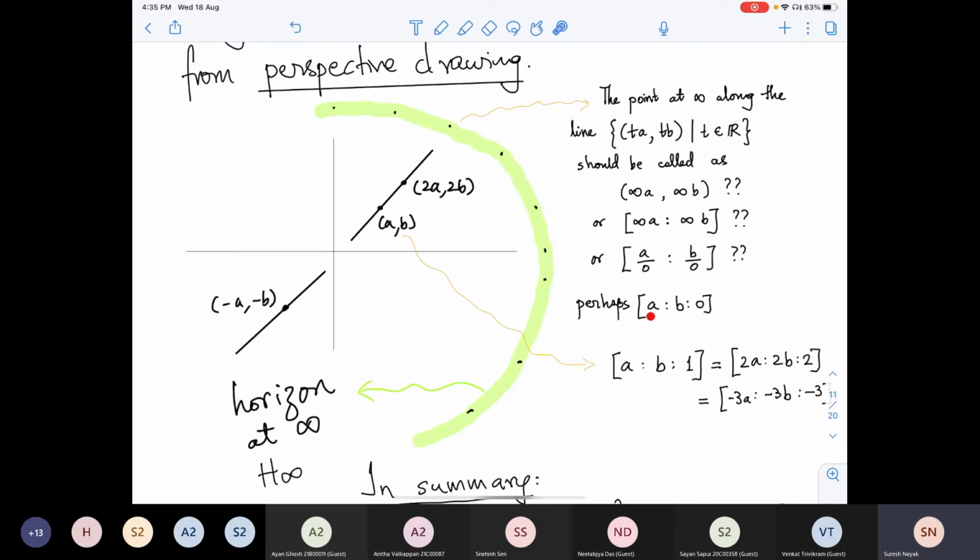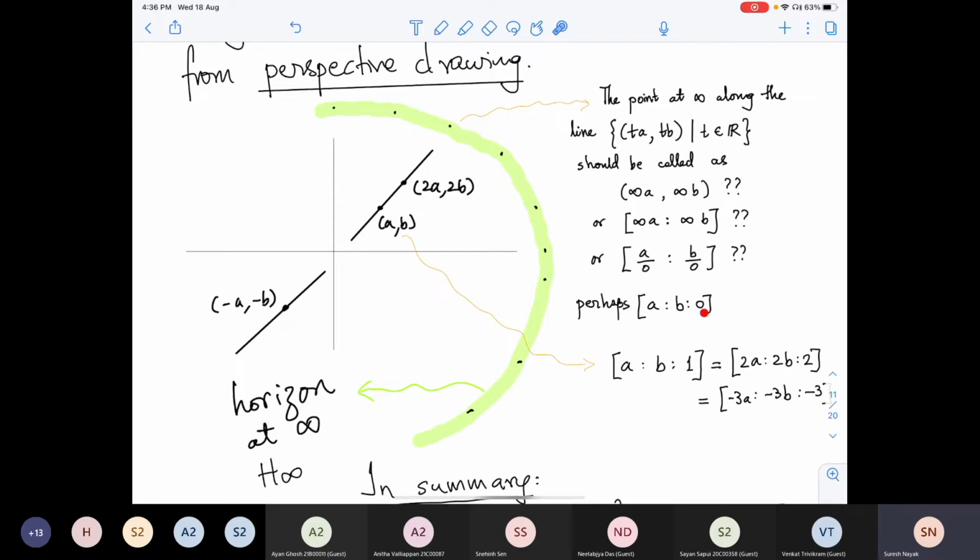And now I think of this as a simultaneous ratio of three numbers, in which the third number is playing the role of getting divided by, in some sense. It is sort of like looking at A over 0, B over 0, which is like infinity A, infinity B. So this notation is better because now there are no problematic symbols here.